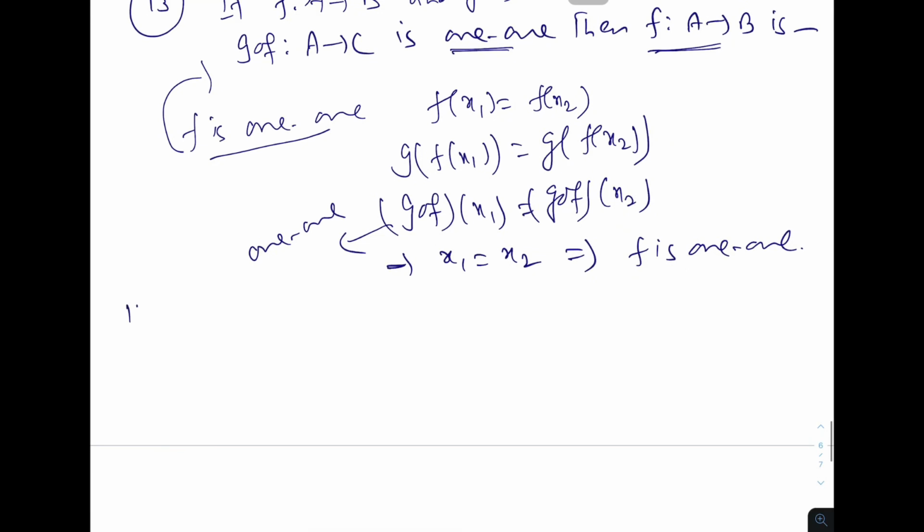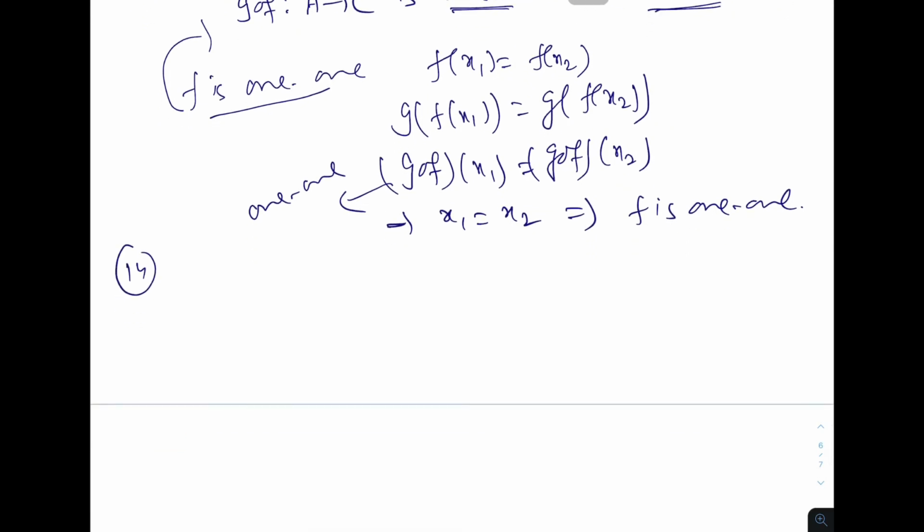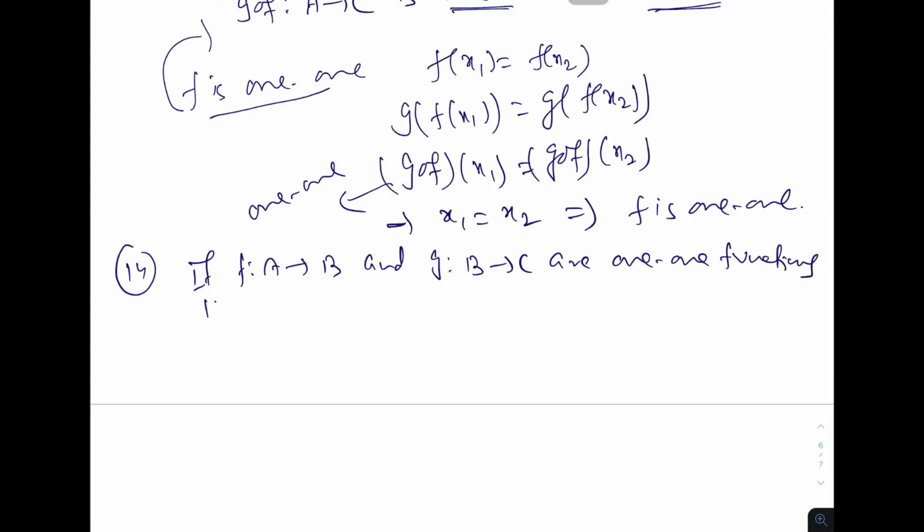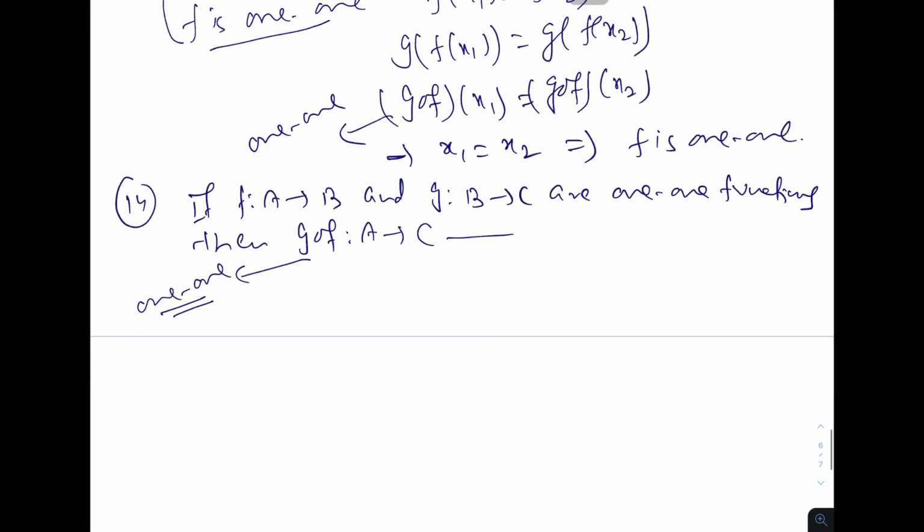Okay. Next, say F from A to B and G from B to C are one-one functions, then GOF from A to C is blank, the answer will be again one-one because both F and G are one-one.